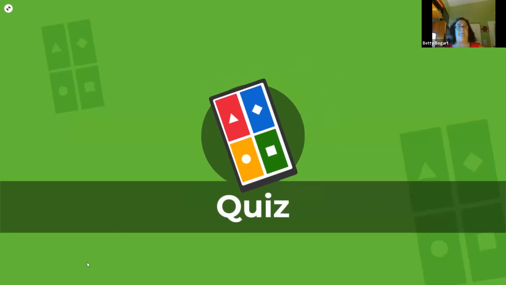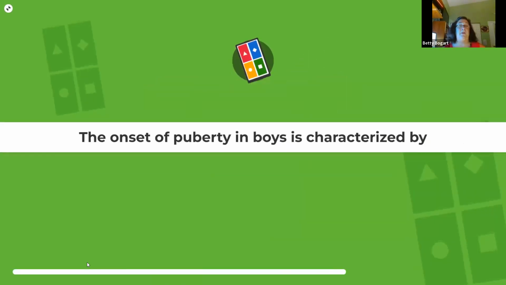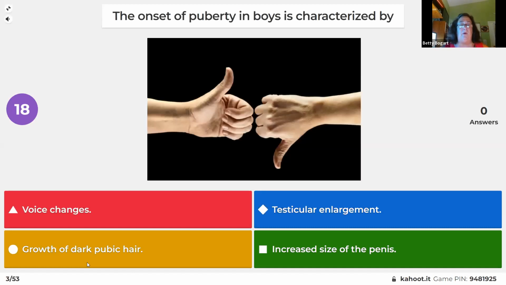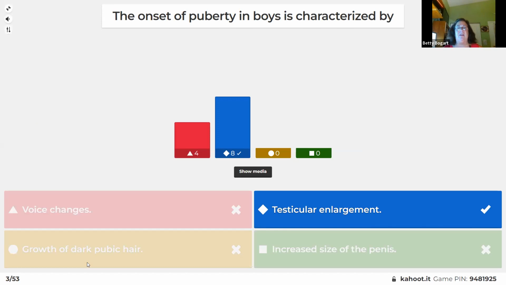The onset in puberty is characterized in boys by, how do you know they're starting puberty? And that's testicular enlargement. One of the things that happens is a voice change, but what you will see is the testicular enlargement.